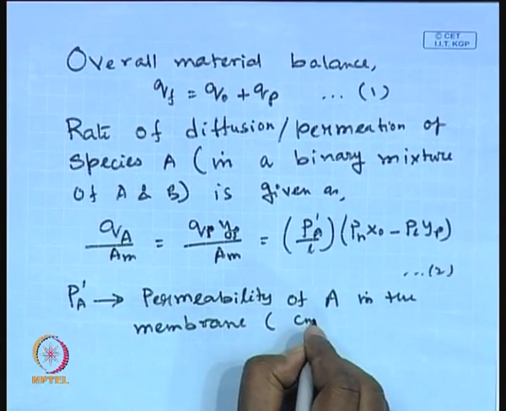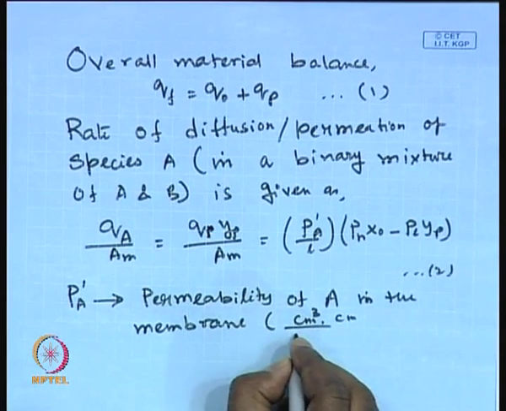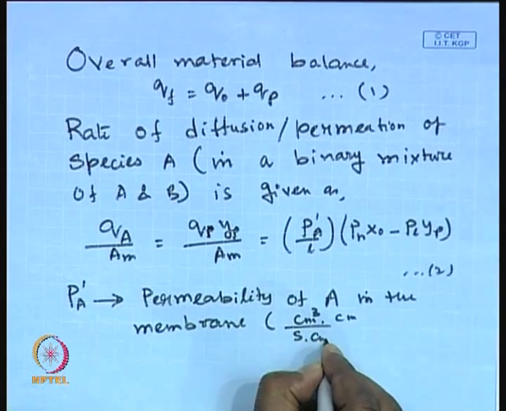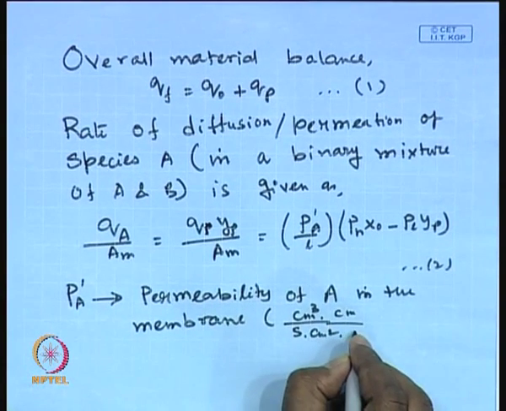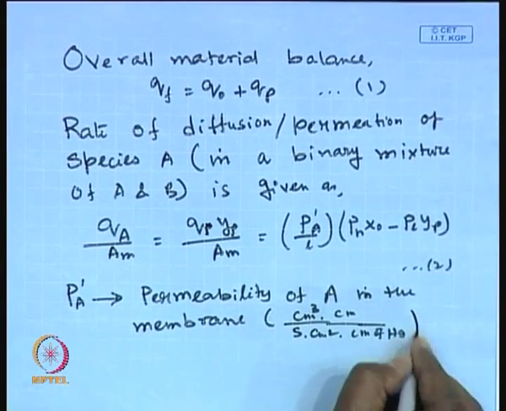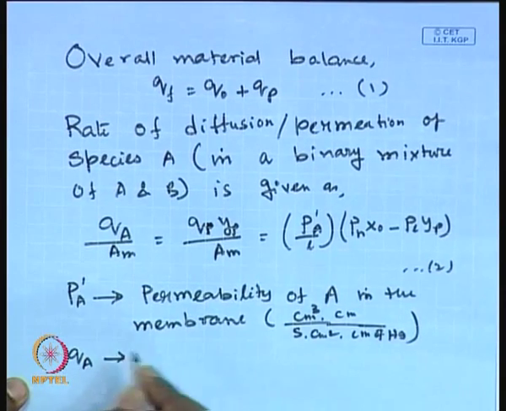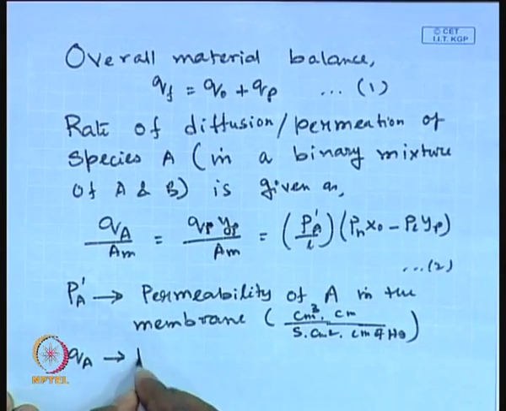That is centimeter cube divided by per second centimeter square times centimeter of mercury. Okay, that is the pressure unit. Q A is the flow rate of A in the permeate.